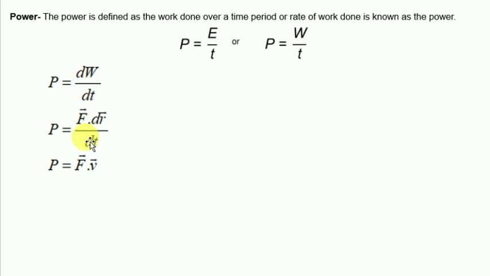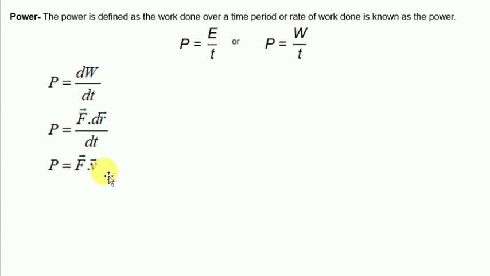This dW can also be written as F dot dr, so P equals F dot dr by dt. We know that displacement per unit time is velocity, so power can be written as force into velocity.